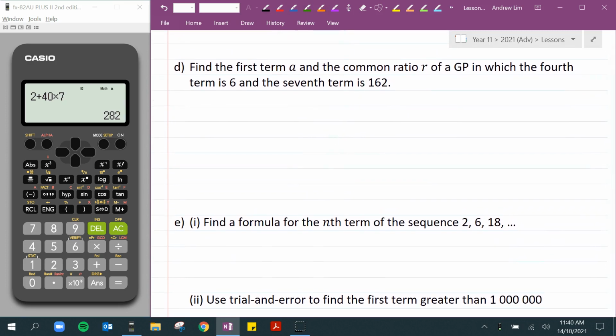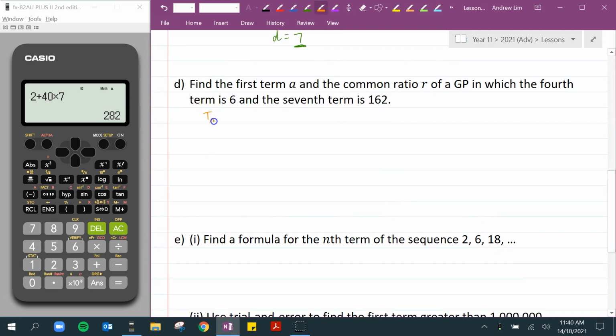Alright, question D. Find the first term a and the common ratio r of a GP in which the fourth term is 6 and the seventh term is 162. So I'm just going to write the nth term for a GP. I know that's a r to the n minus 1.